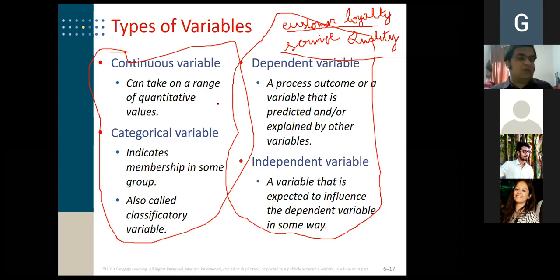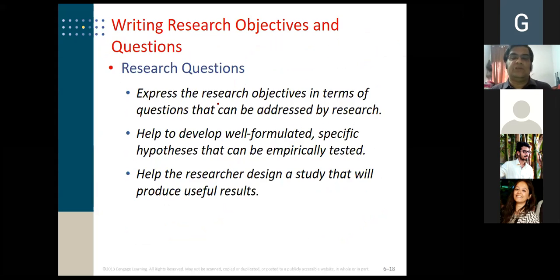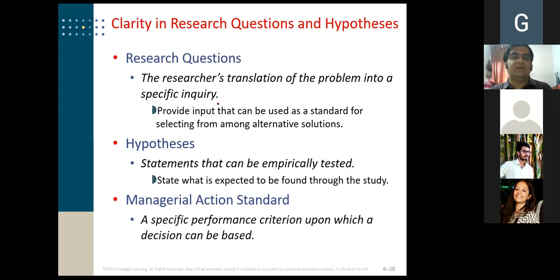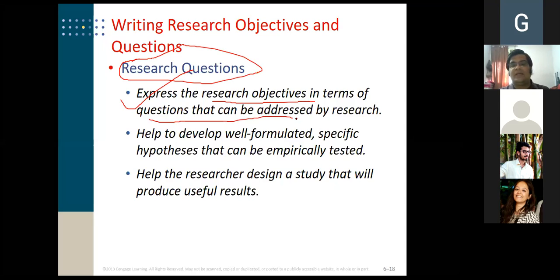Fine. And finally, the last thing: writing the research question. We have come to our final topic, how to write the research objective and questions. Number one, we express the research objective in terms of questions that can be addressed by research.